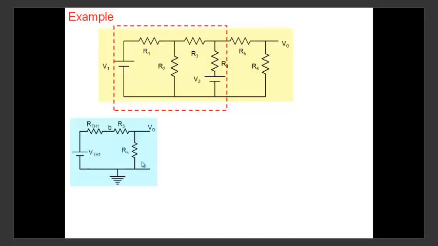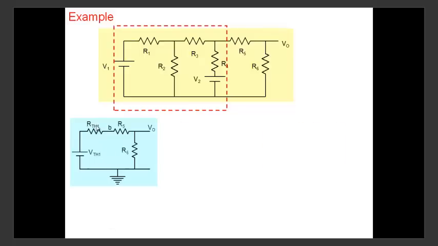Now, of course, the problem is not solved. It appears that I've taken a complicated circuit and reduced it to a very simple circuit. A circuit consisting of how many meshes? 1, 2, and 3. A circuit consisting of 3 meshes, I've reduced it to a circuit consisting of 1 mesh. But as all of you know, the problem is not solved. I have to determine V Thevenin and I have to determine R Thevenin.